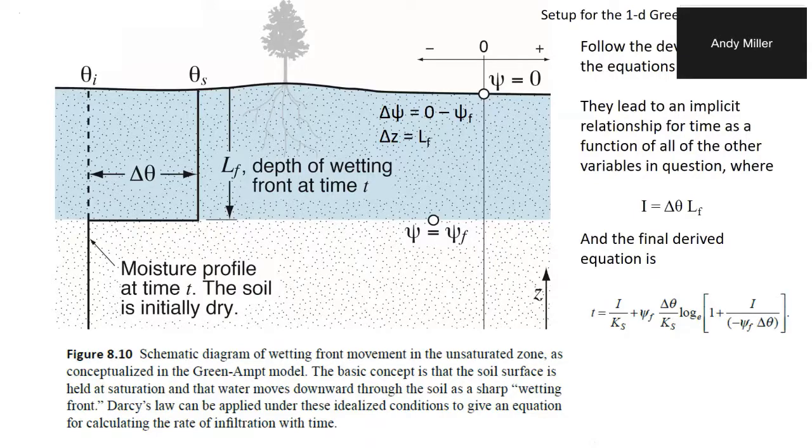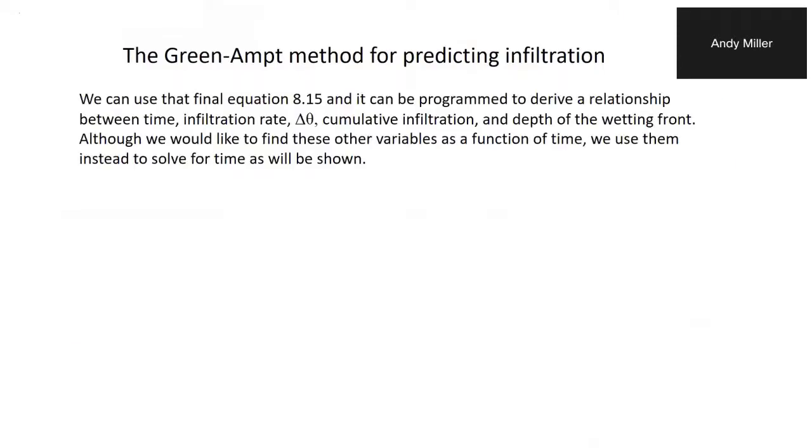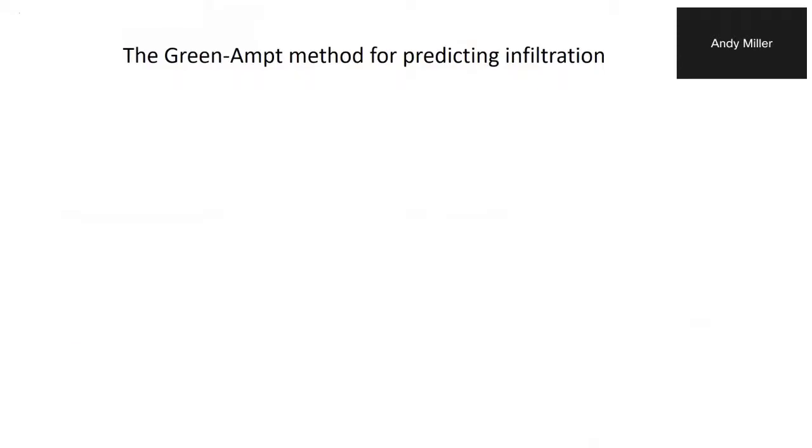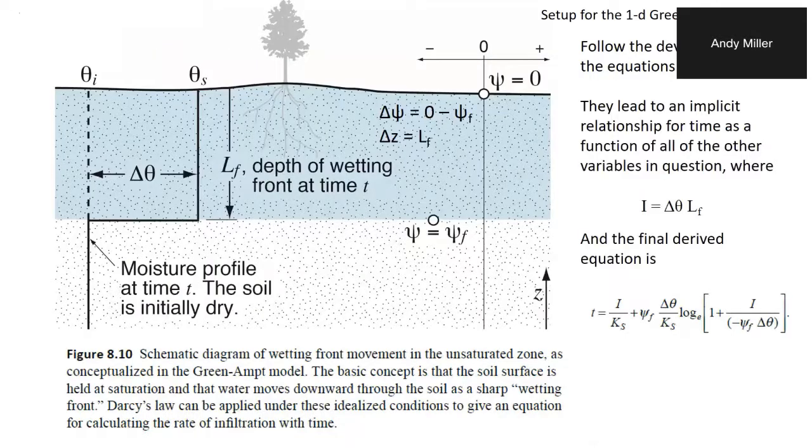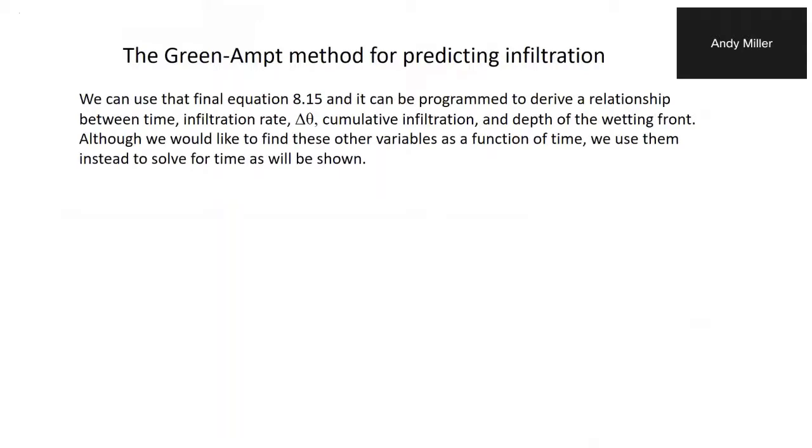So these spreadsheets are structured basically to do that. This is equation 8.15 in the textbook, I think on page 227. You could program that to derive a relationship between time, infiltration rate, the change in moisture content above the wetting front, cumulative amount of infiltration, and the depth of the wetting front.